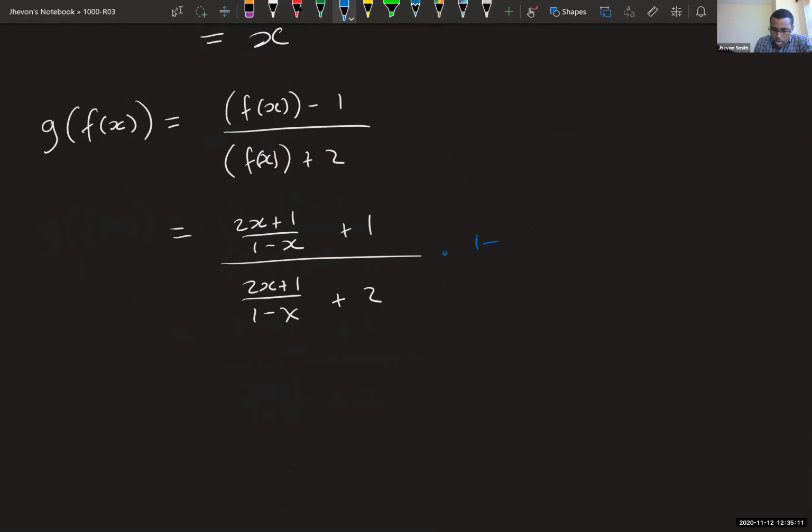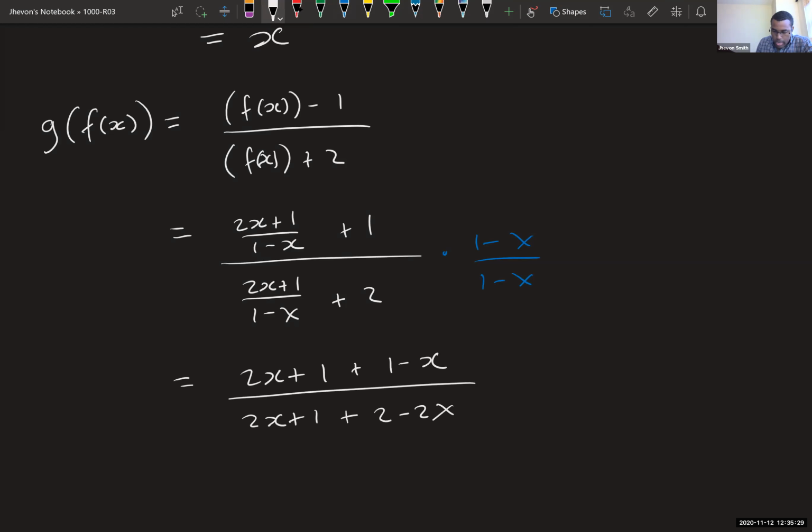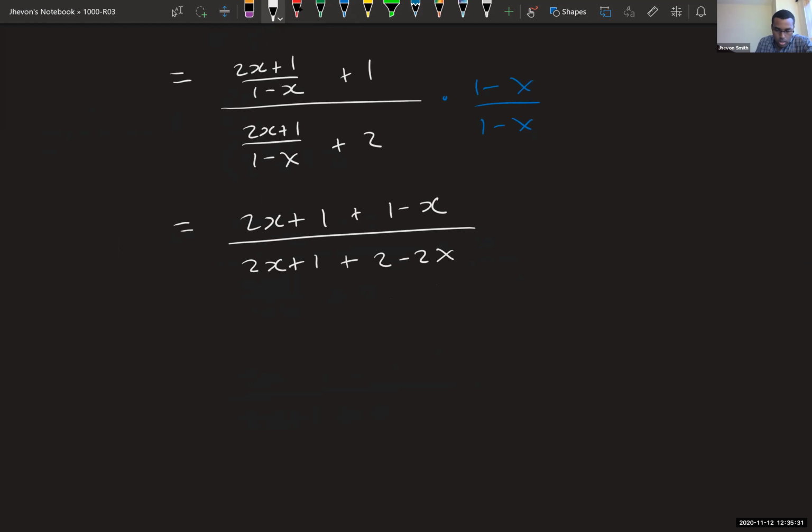Again, multiply by 1 minus x, 1 minus x. To simplify, that would give me 2x plus 1 plus 1 minus x. And I would have 2x plus 1 plus 2 minus 2x. And here I would have 2x minus x is just x, and then I have a plus 2.